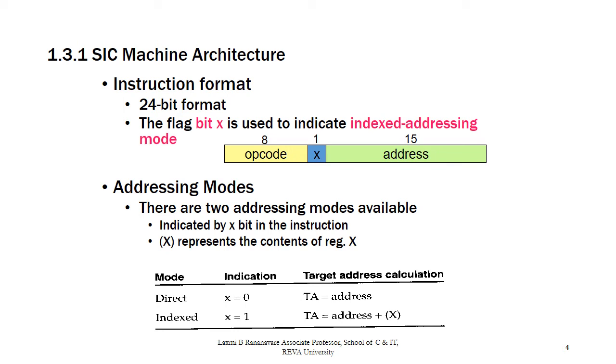Then we have the indexed mode, wherein the X bit is equal to 1 and the target address is calculated as the address plus the contents of the index register. So that is what we have for the indexed addressing mode.